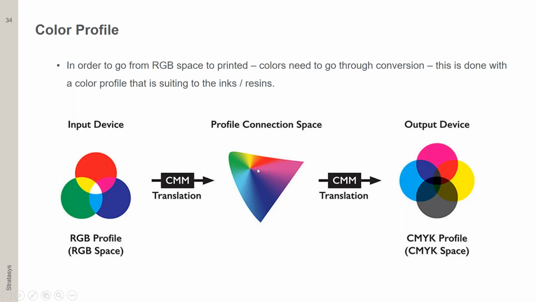We go through a translation with a color profile and transfer it to the output device in CMYK. On our next color topic next week, we will go as well on how you can adjust that in GrabCAD.